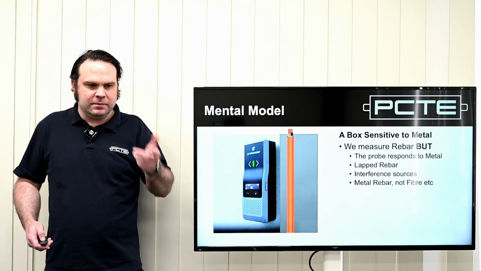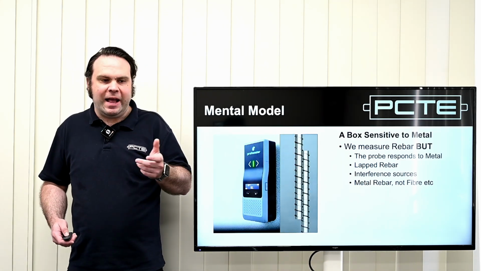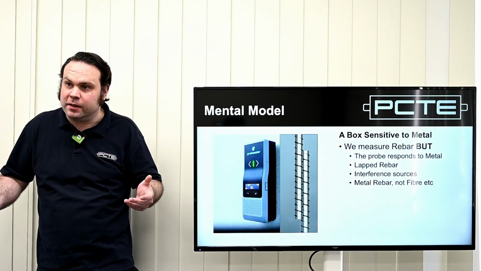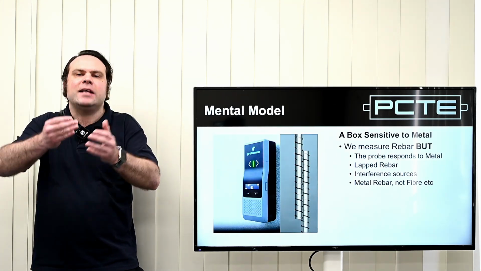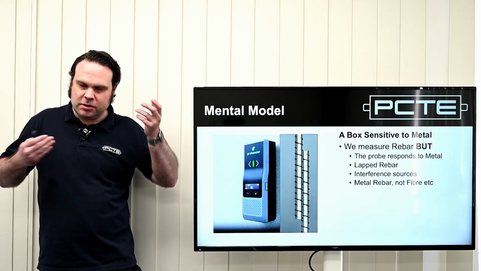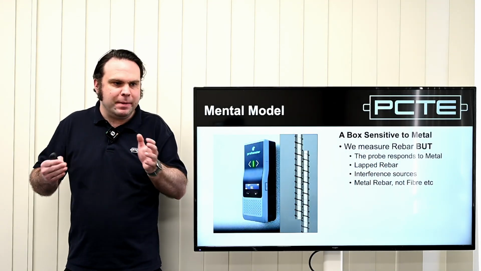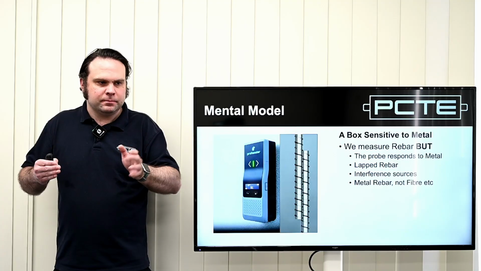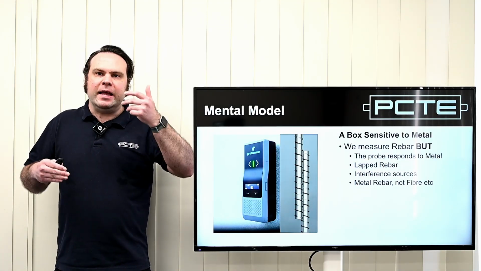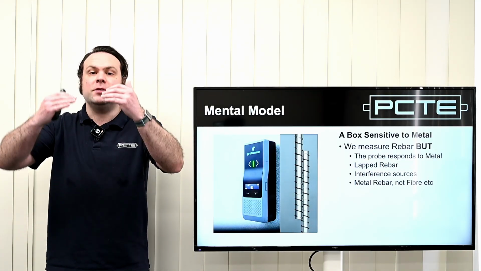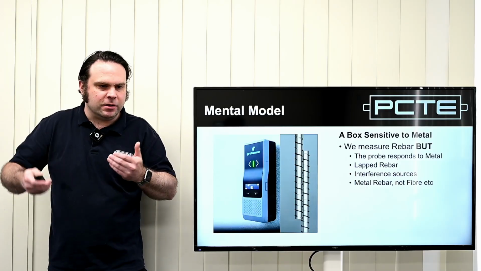So if we have cables, if we have lapped reinforcing, which is going to be extra metal, and if the machine is just a box that's sensitive to metal and we're measuring the depth of that metal, that means that it can underestimate the cover because of the additional signal.